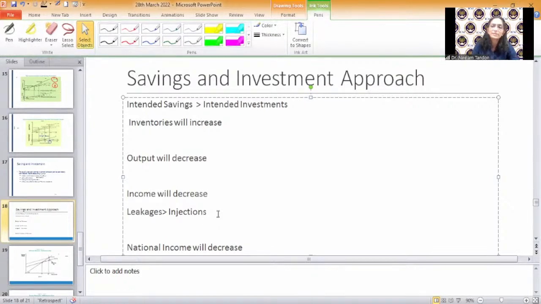Investment leads to higher generation of income, because investment leads to more output, more employment, and higher productive growth, isn't it? So investments are injections which inject money and growth, but savings are leakages.